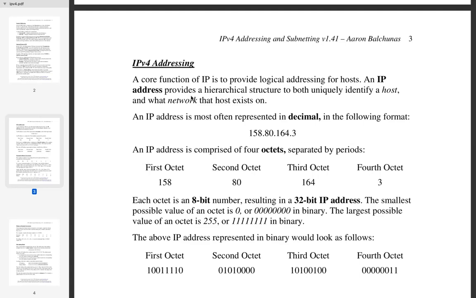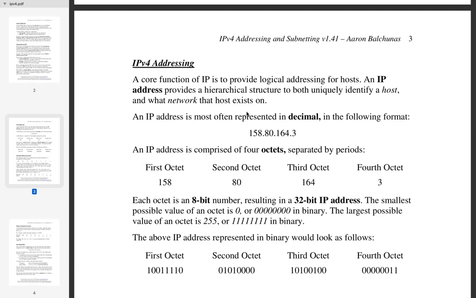Now the IP address is divided into 4 octets. See an IP address here, you can see it divided into 4: 158.80.164.3. So it is divided into 4 octets.